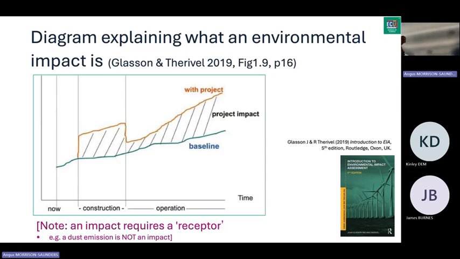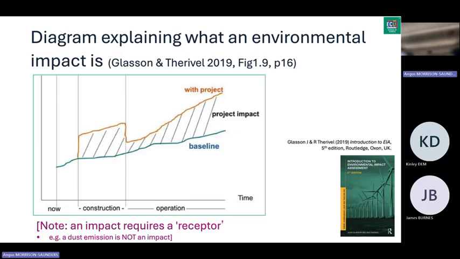You've got this environmental baseline, the green line, and there's a moment when you construct the project. In this instance, it looks like the construction phase has a particularly big impact. Maybe it's dust or something. Once the construction phase is finished and whatever development activity is ongoing, you've still changed the environment.